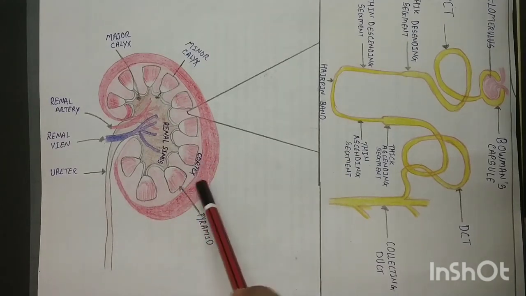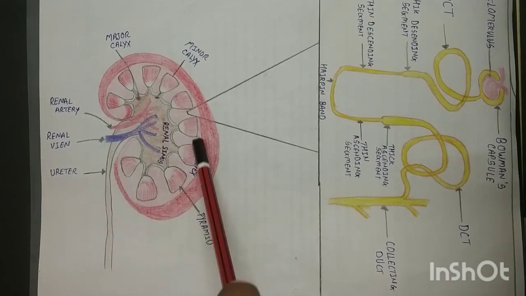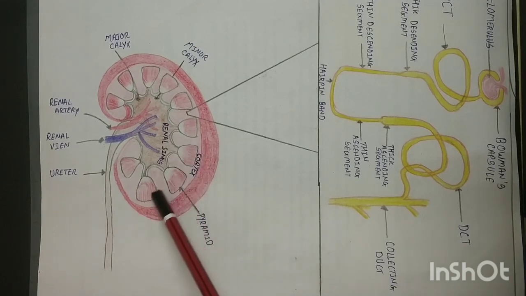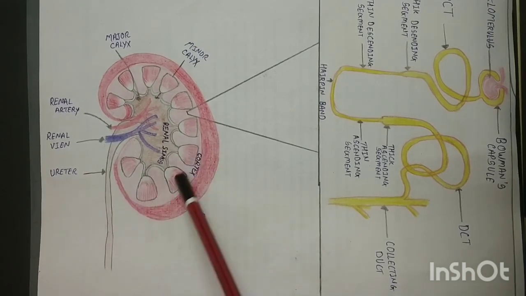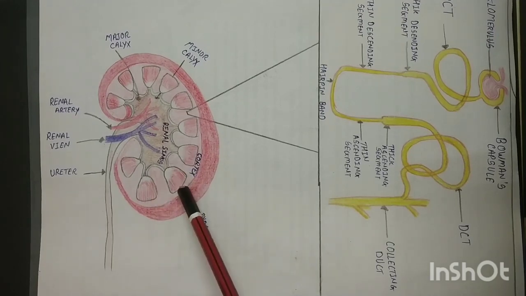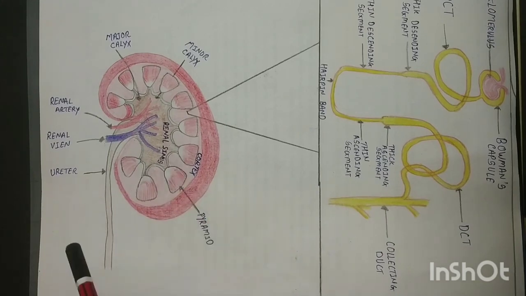As you can see here, this part is known as the cortex, and these pyramids, these triangular shaped structures, are known as the medullary pyramids, and all this part is known as the medulla.